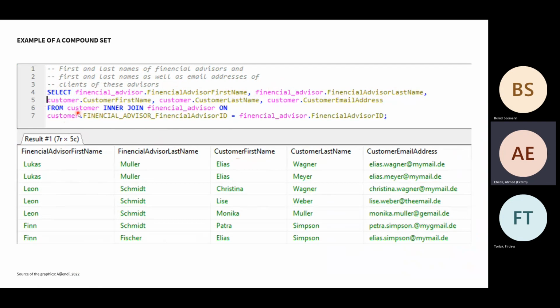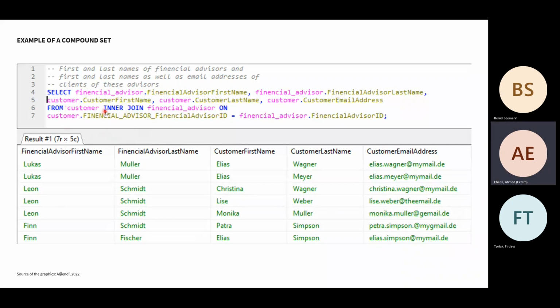So in this case, you start with from customer inner join. Inner join means the intersection, in a mathematical way, between customer inner join financial advisor table on customer dot financial advisor ID equals financial advisor dot financial advisor ID. On here means this is the condition.